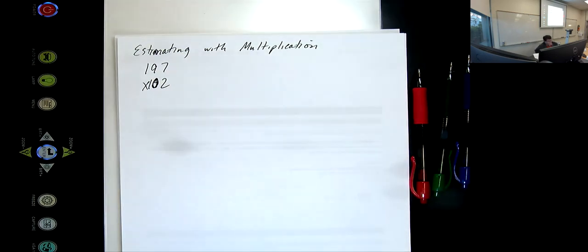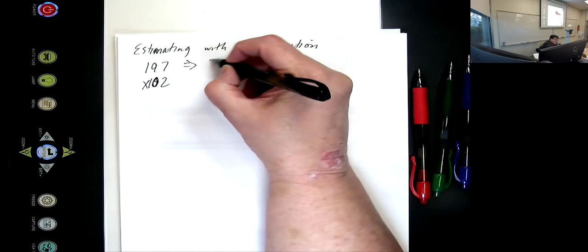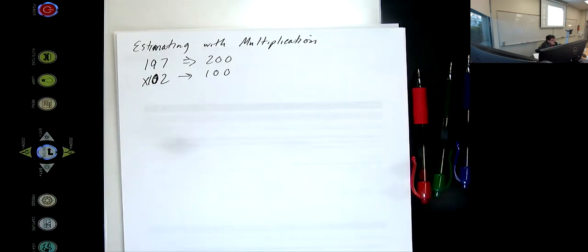I want to estimate this. Multiplication is a little harder because you have to add all the fun zeros. I'm just estimating: 200 times 100. I'm going to estimate this as 200 and this as 100.